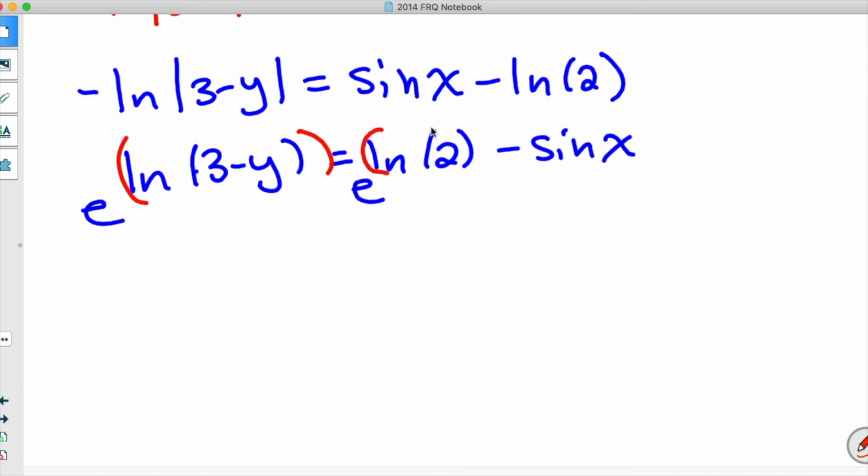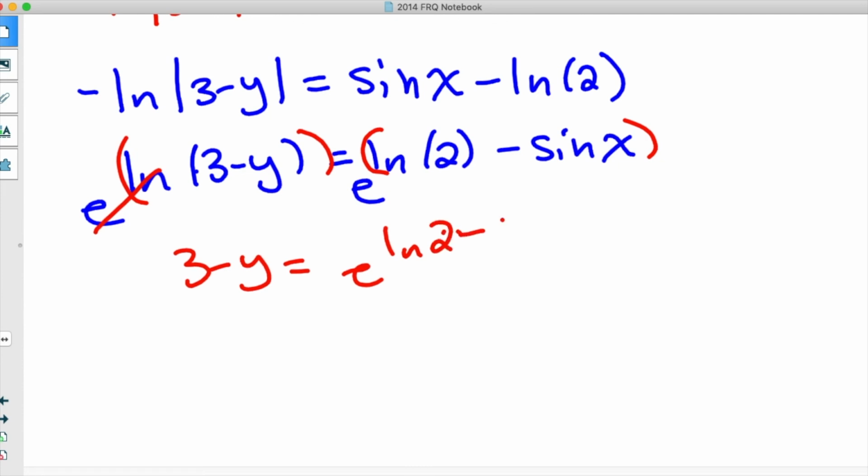So these will cancel, and I'm left with 3 minus y equals e to the ln of 2, and also in that power is minus sine x. E to the ln of 2 is just going to be a 2. So 3 minus y is equal to 2.